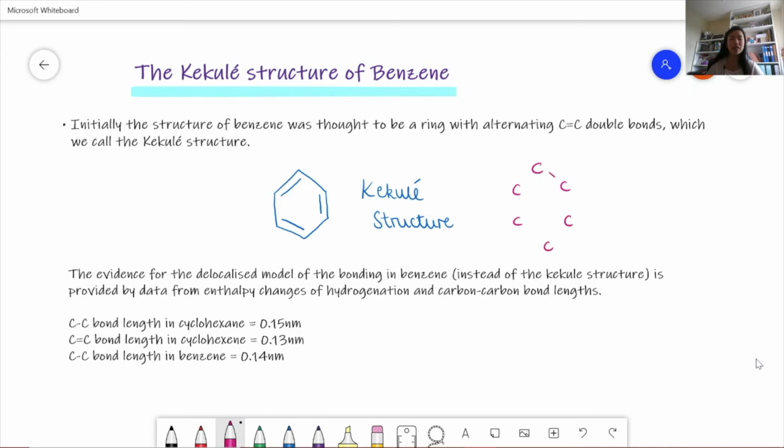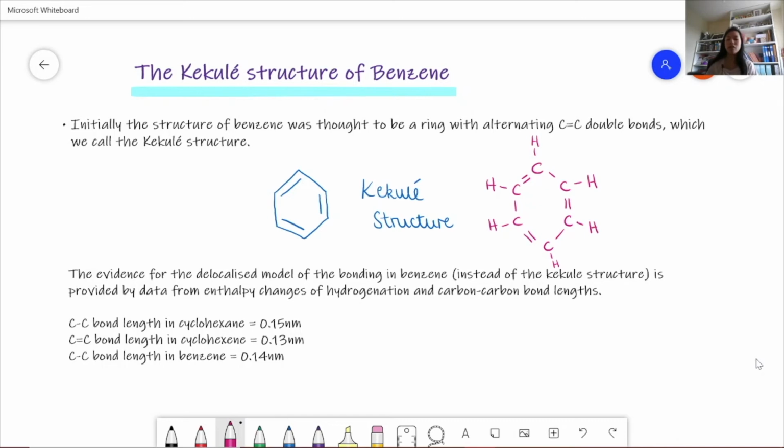But we'd have a single bond, and then a double bond, and then a single, and then a double, a single, and a double. And so what this would mean would be that we would have CH single bonds. Very much like the structure of benzene that we know now.